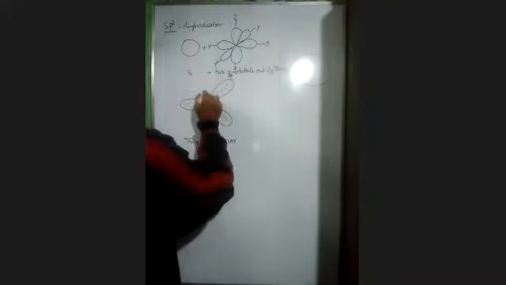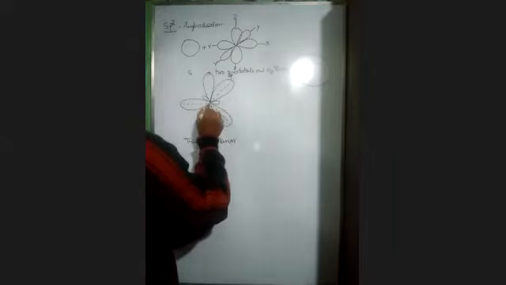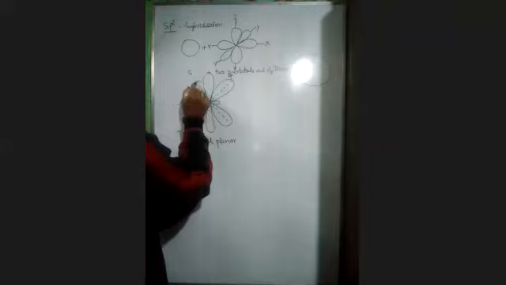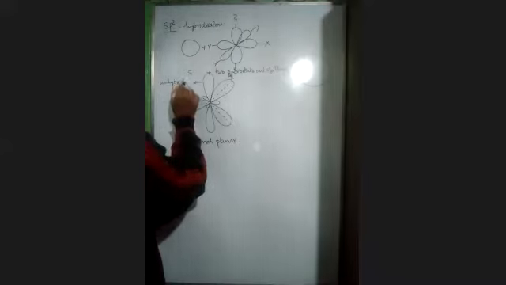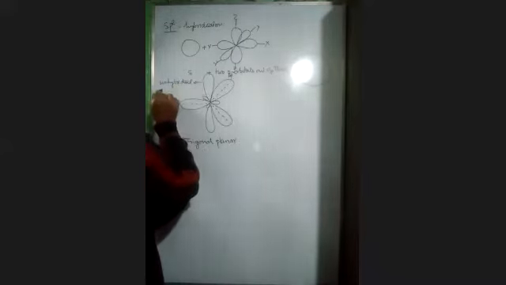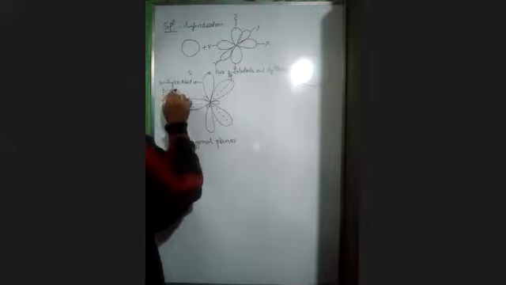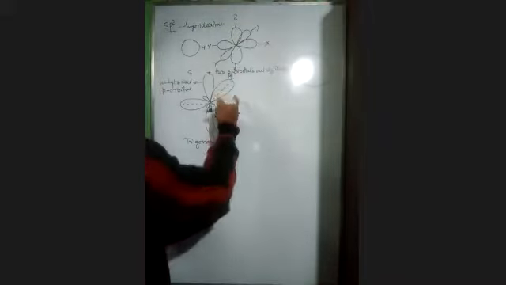So in this case, this will be the unhybridized p orbital, and these 3 are the hybridized orbitals.